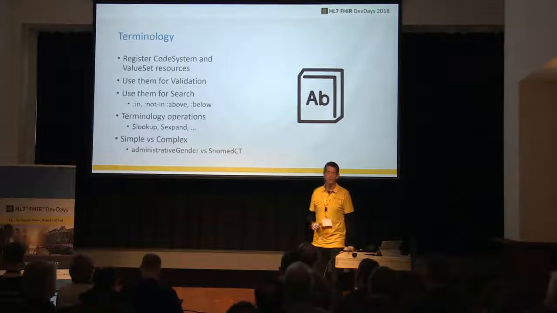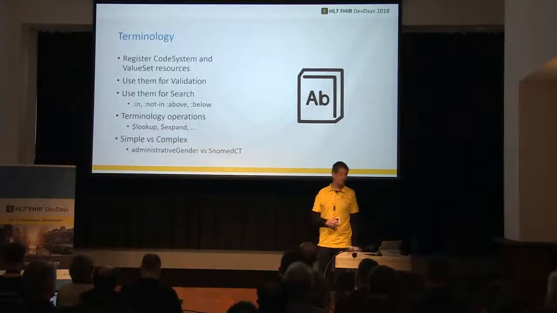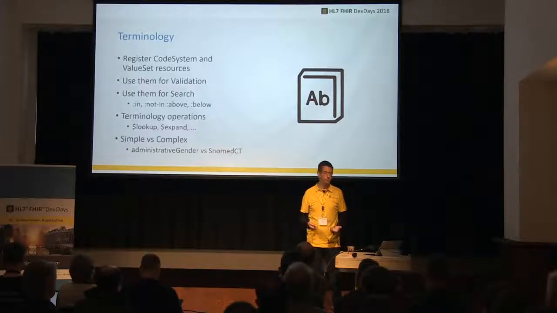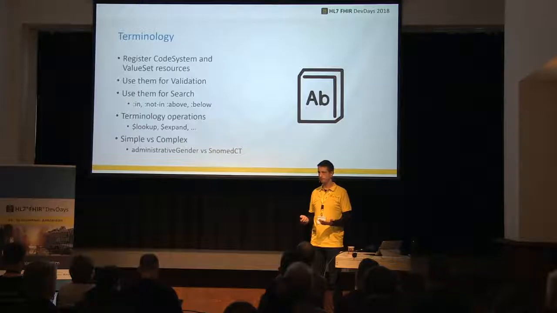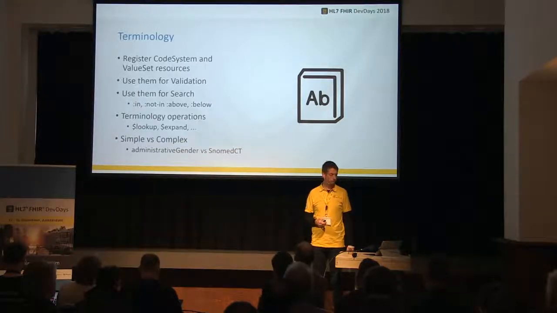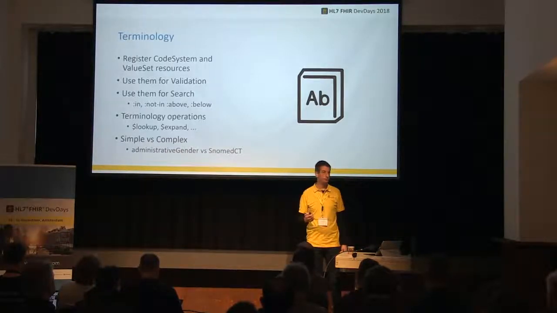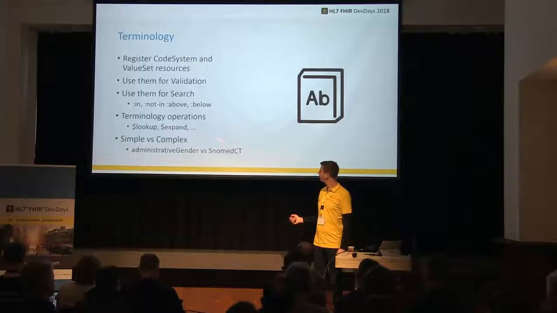Or very complex code sets like SNOMED CT or LOINC, that are very hard to evaluate to get closures from, and where you will need specialized terminology services. The simple ones are often natively supported by the FHIR server. The complex ones are not.